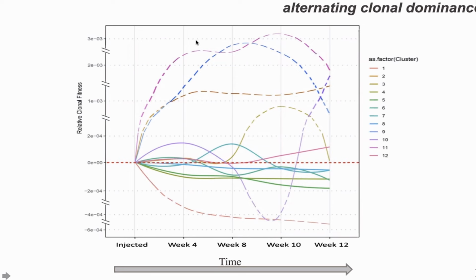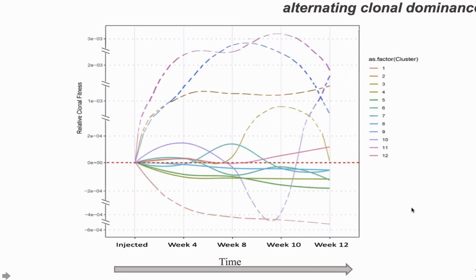Each cluster here represents the behavior of specific clones in the tumor. And you can clearly see that this is a very complex behavior. We have clones that gain fitness over time and then lose fitness. We have clones that lost fitness and then reacquire fitness and so on. Something that Alex named alternating clonal dominance.